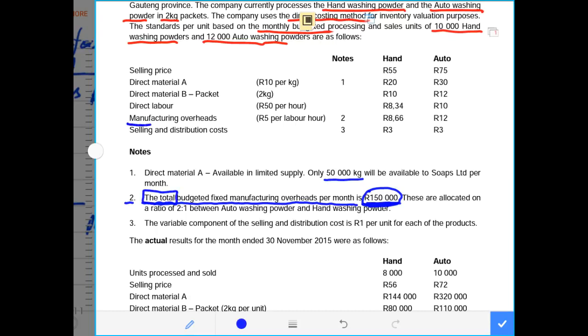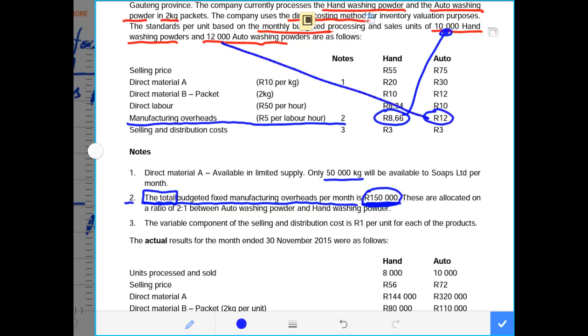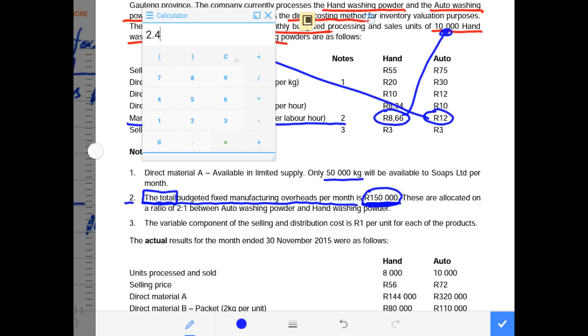And our manufacturing overheads on the standard information were given per unit. So now we need to calculate our manufacturing overheads from the standard information as a total, where we say 8 rand 66 times 10,000 units, and 12 rand times 12,000 units.